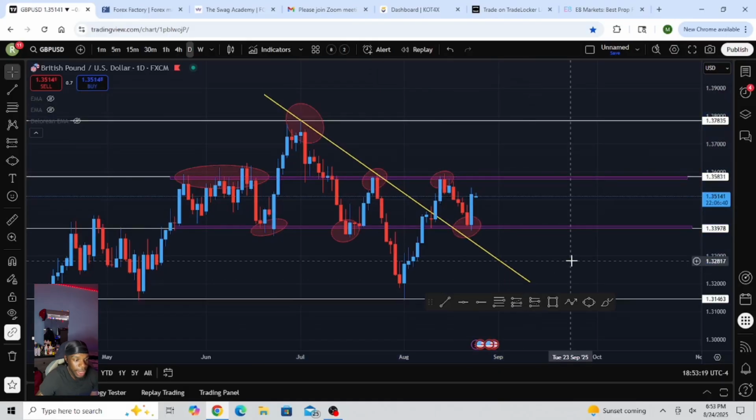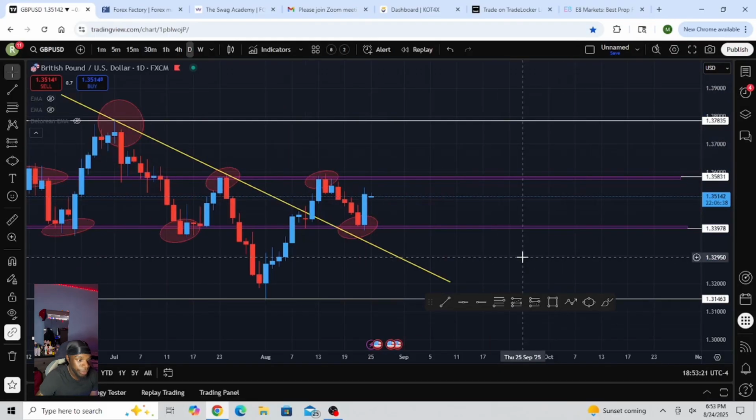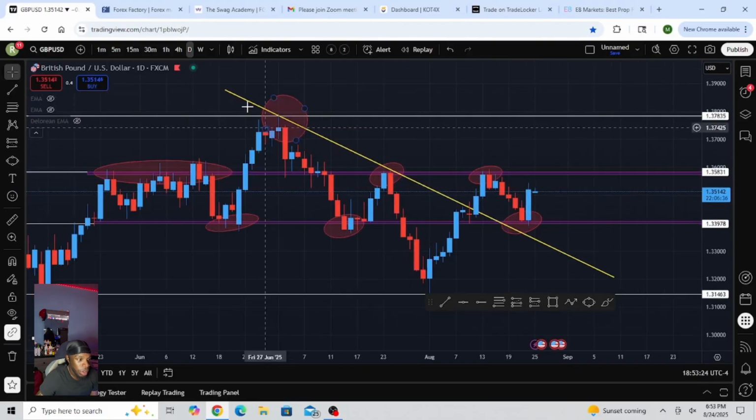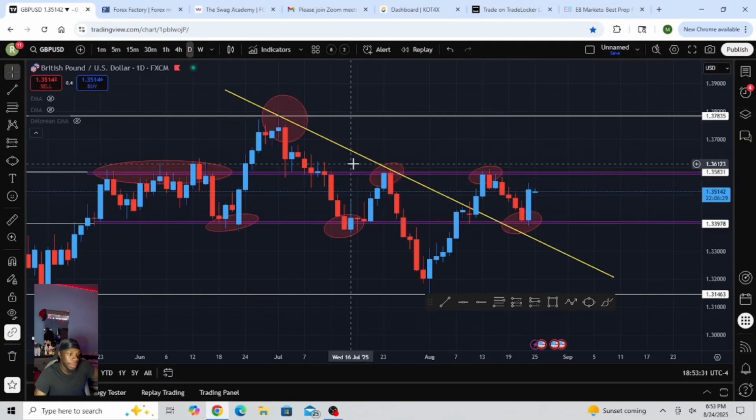Kind of gives you an idea of the full story. So we see we got point A, point B, breaks above the trend line and retest.